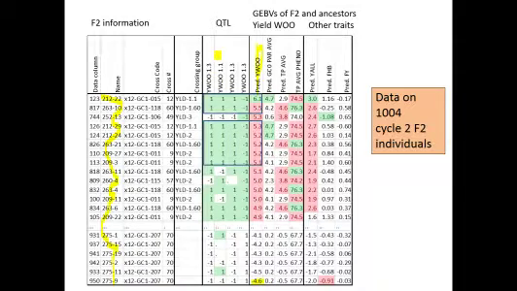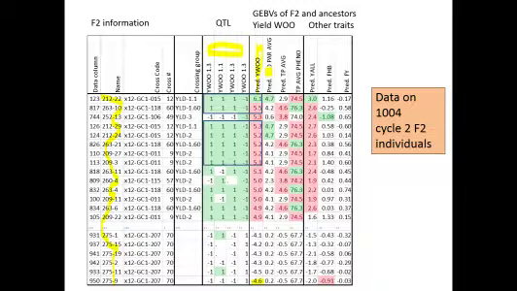What I'm showing in these four columns is the presence or absence of favorable alleles for yield that we have established. If the cell is green, that means for that marker we have the presence of a favorable allele for increasing yield.